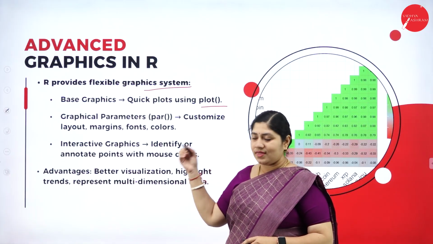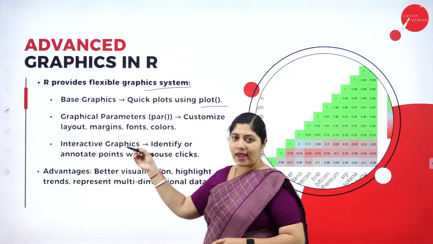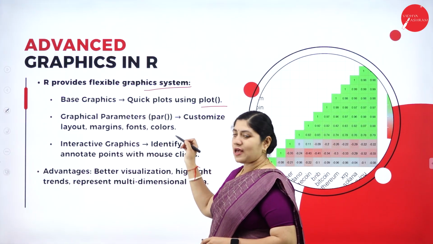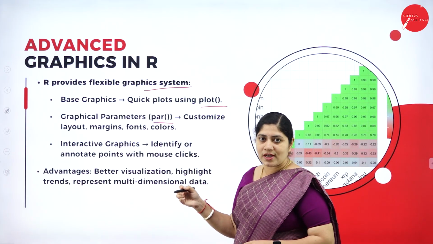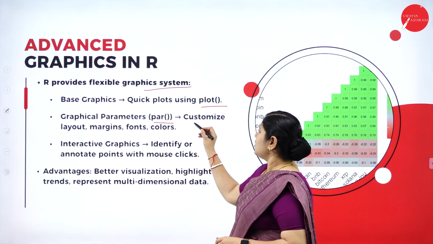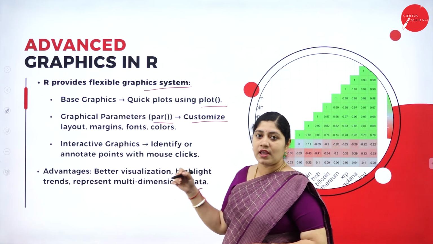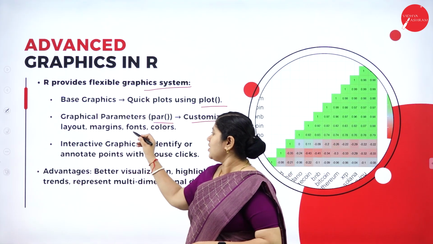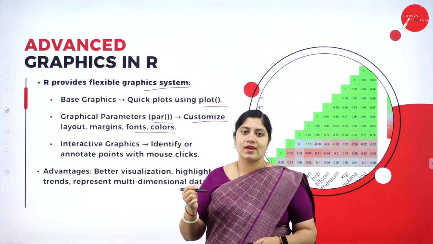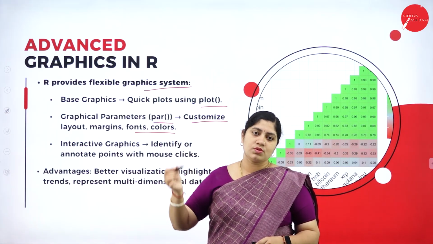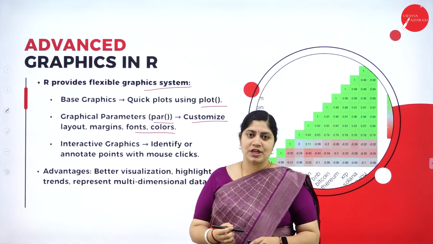Then we can also go with graphical parameters, that is par(). So the main utilization of this is it is used to customize the layouts as well as the images, fonts, colors, everything. Each and everything can be customized with respect to the graphical representation.